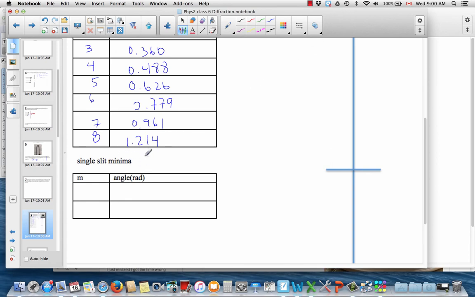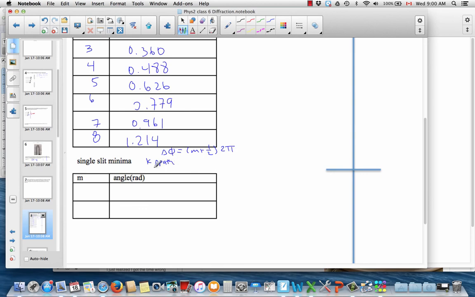Next, the single slit minima. Now, for the minimum, the phase difference is going to be half waves. The phase difference is k times the delta path.